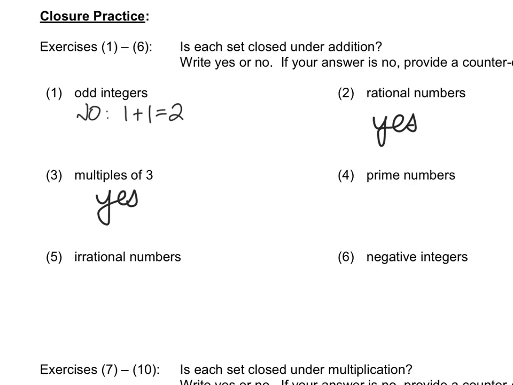So here comes the prime numbers. First, we'll start off with, what is a prime number? A number that can only be divided by 1 and itself.